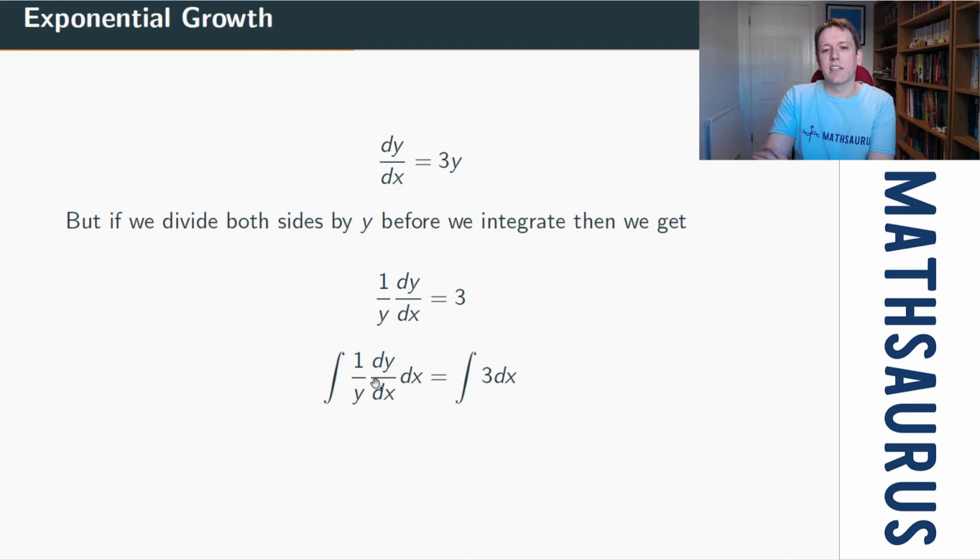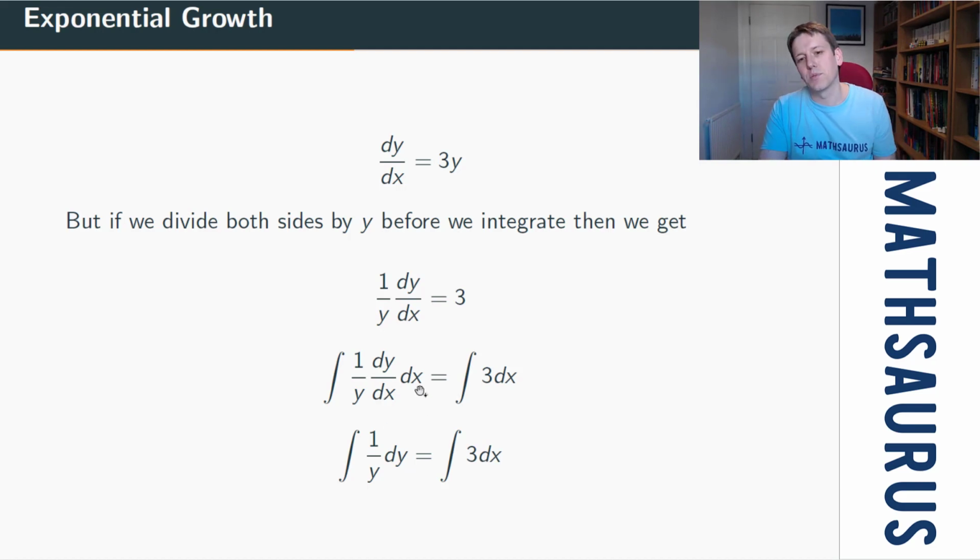And for the left-hand integral, we can actually cancel out the dx's, and this is the integral of 1 over y dy. Now this is kind of a subtle result, but it's exactly the sort of thing you do when you do integration by substitution. All I want to say here is that there's some kind of chain rule integration by substitution effect going on. If you think about these as small increments of x and y, then this will be very natural and make a lot of sense. But when we have the integral of 1 over y dy by dx dx, we can write that as the integral of 1 over y dy.